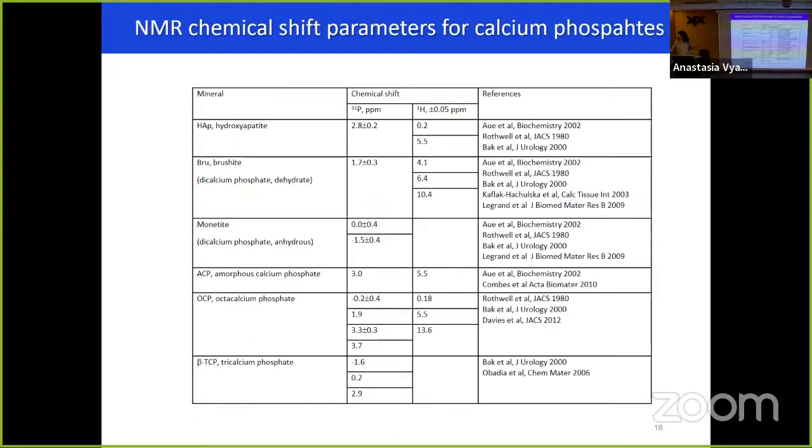Therefore, we want to perform two-dimensional heteronuclear correlation again. We collected literature data on chemical shifts of phosphorus and proton from all possible calcium phosphate minerals, and this information is sufficient for assigning our signals.